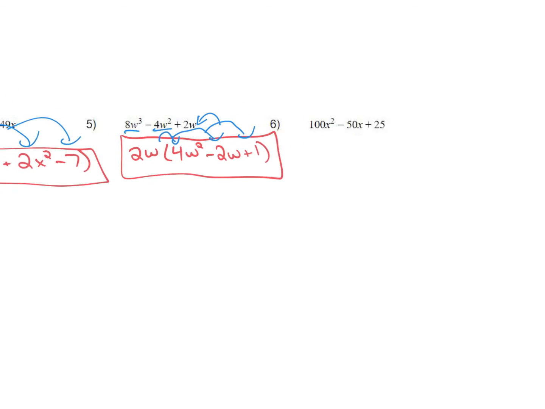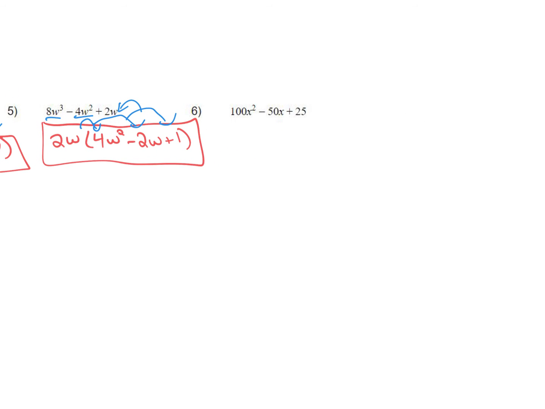All right, last one to look at here. Once again, we're just looking at our numbers. 150 and 25. Is everything divisible by 25? Yep, everything is good here. Not everything has an x, so we can't divide by an x in this one. So what's 100 divided by 25?